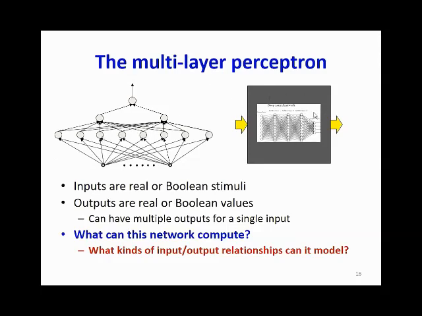Here's the network again. It takes in some input and it produces some output. So the overall network is in fact just a function that embodies some input-output relationship. The question now is, what kind of input-output relationships can the network model? What kind of functions can it compute?